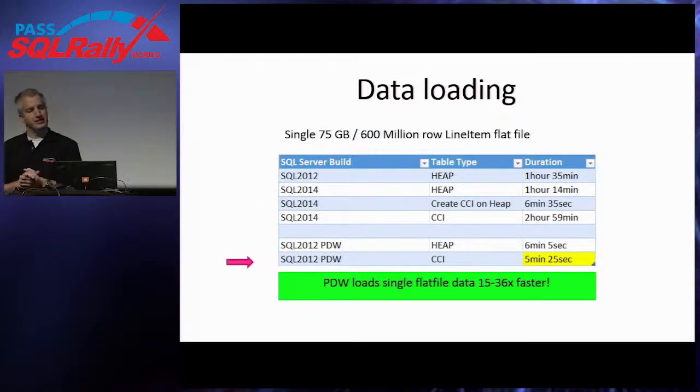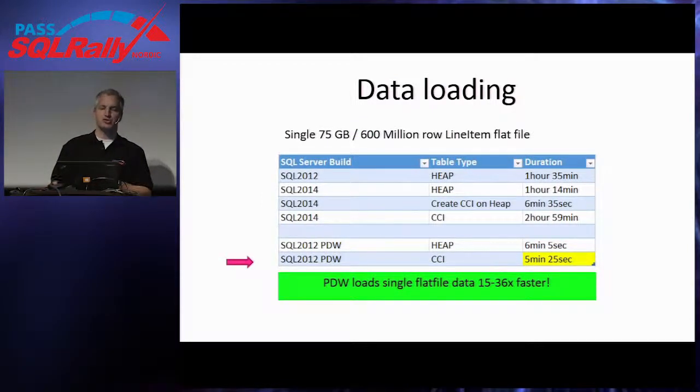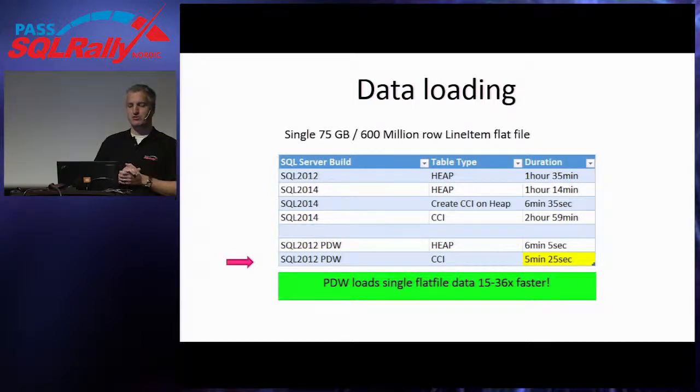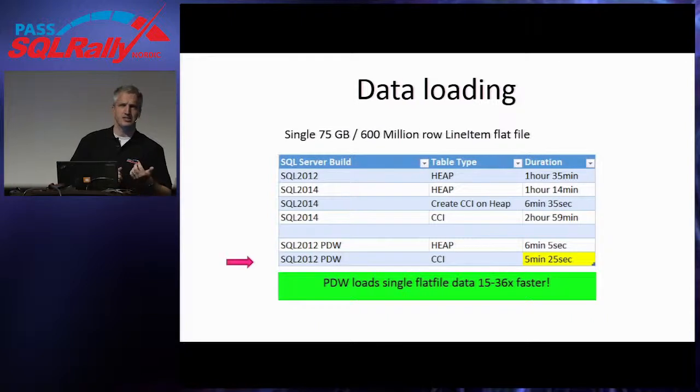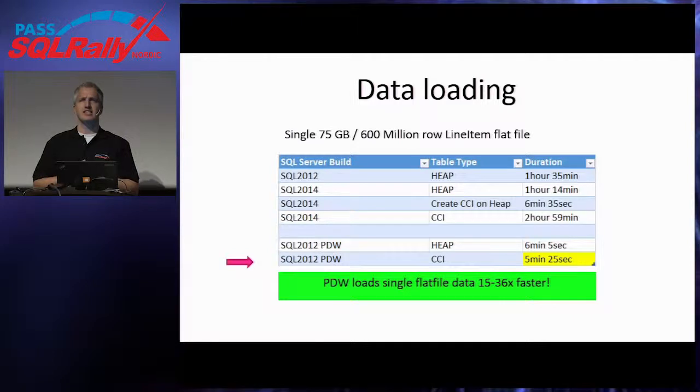But basically, if we look at the results, right? If you compare SQL 2012 to SQL 2014, and I was running some experiments, and I noticed if you load data in the CTP2 into a heap, and then build the CCI table on top of that, the clustered column store format, it is significantly faster than if you do similar as in PDW, where you just create the CCI table as the native format and dump the data straight into the CCI, right?